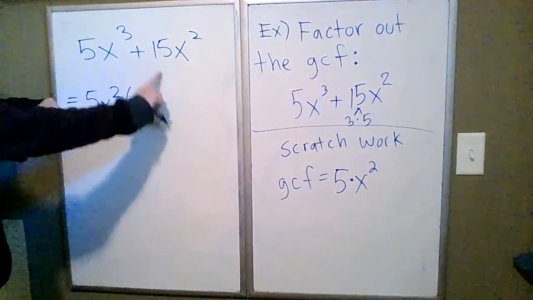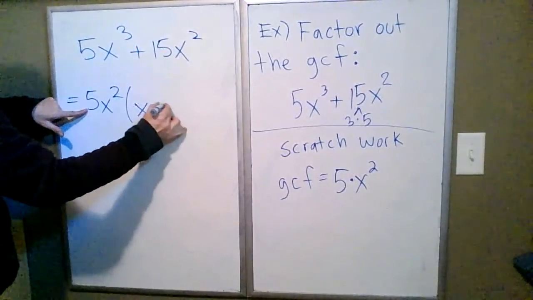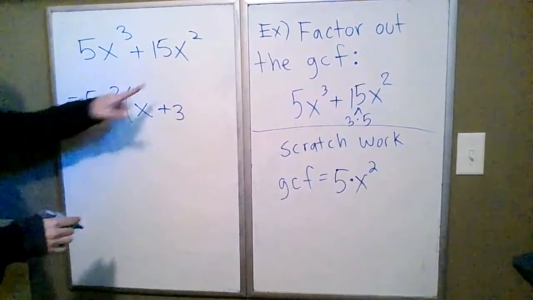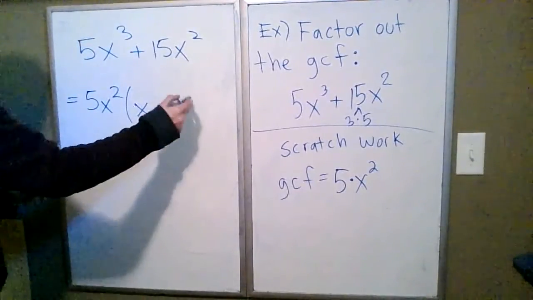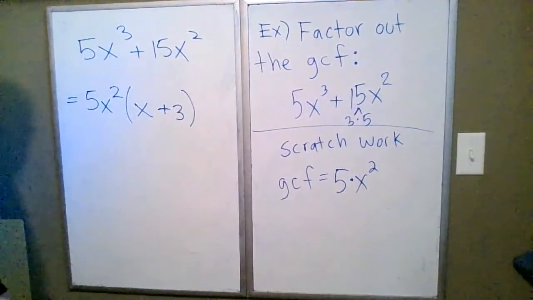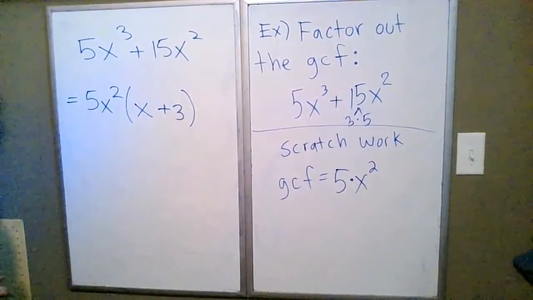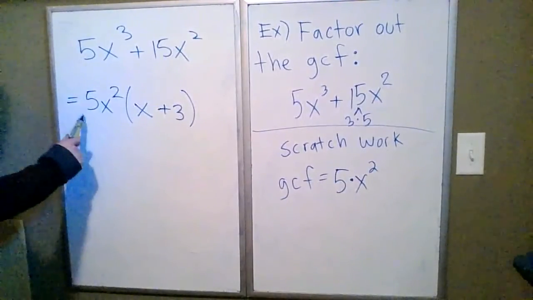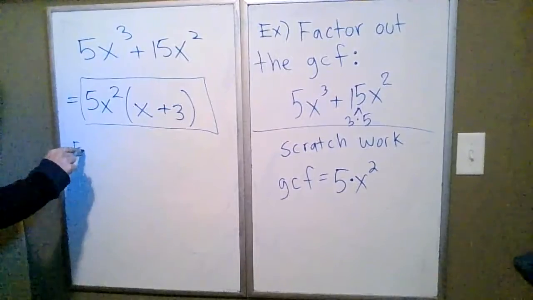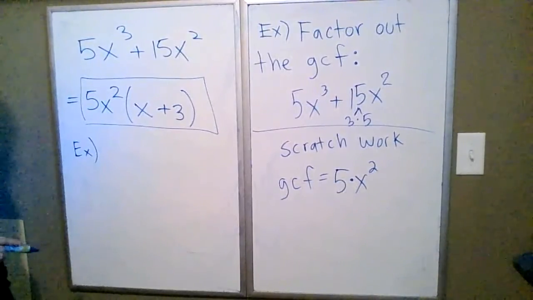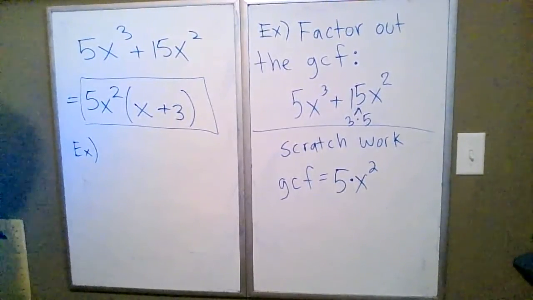Factoring 5 from 15 leaves 3. Factor out the x squared to the front. So all that's there is 3. Factor out the greatest common factor.